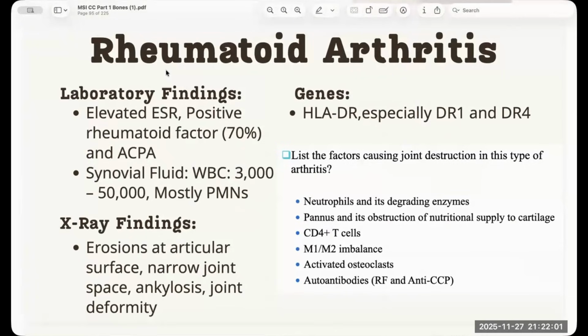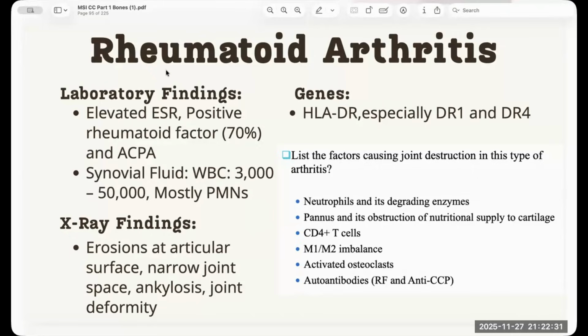Rheumatoid arthritis, when you want to diagnose it, you first send for lab investigation, okay? Upon lab findings, elevated ESR, and most importantly, rheumatoid factor and ACPA. Now, ACPA is the most specific antibody to be found, okay? When you find ACPA, automatically it's rheumatoid arthritis. So what's ACPA?